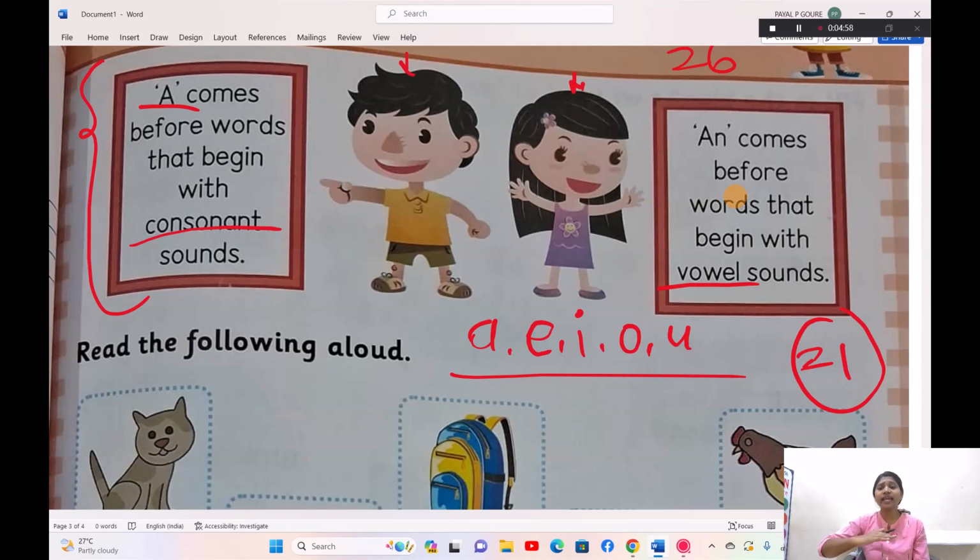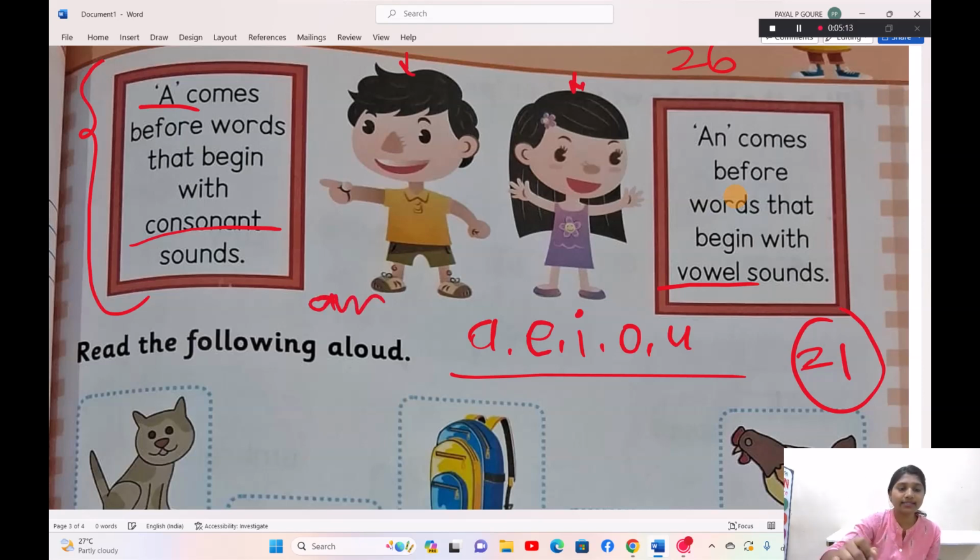And where will we use an? If any word starts with A, E, I, O, U, there we will write an first.